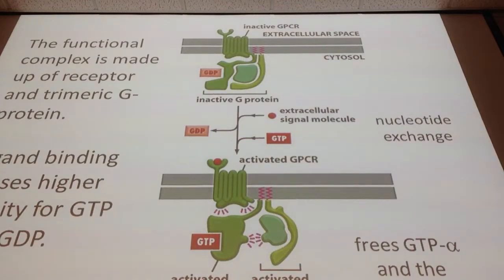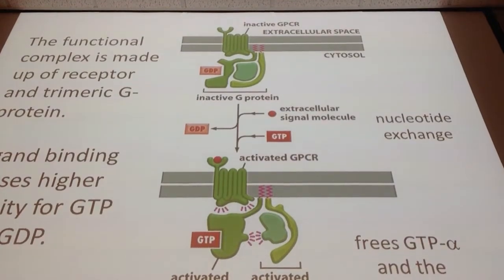Yes, sir? For the 3 subunits, you said one contains the GDP binding site, one interacts with the receptor, and what is the third one? So here are the things. In order for the G protein to link to the receptor, it has to have a binding site for the receptor.